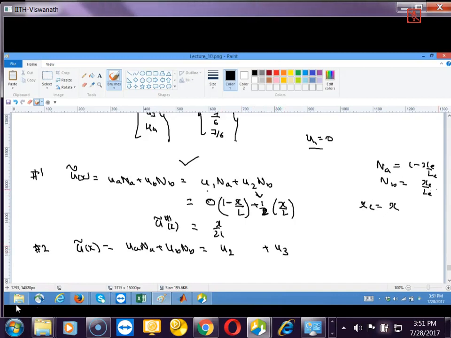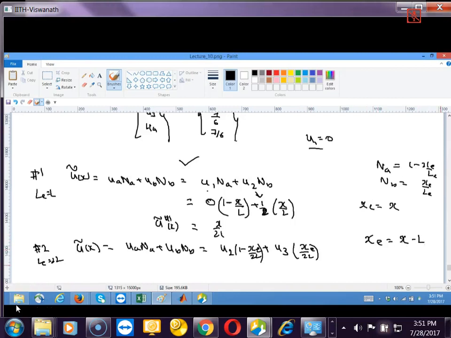N_A is 1 minus x_e by L_e, but the length of the second element is 2L, because L_e is equal to 2L here, so I will have 1 minus x_e by 2L and x_e by 2L. But we know that in this case x_e is equal to x minus L.